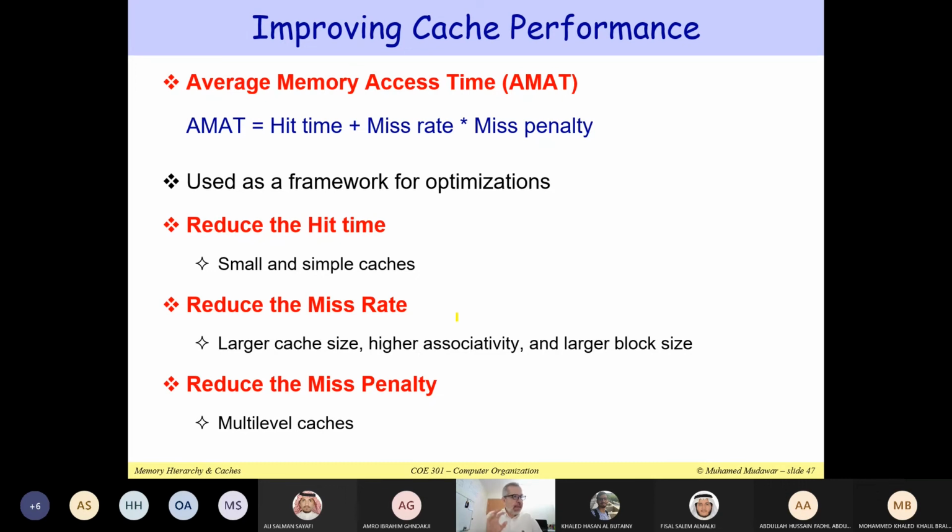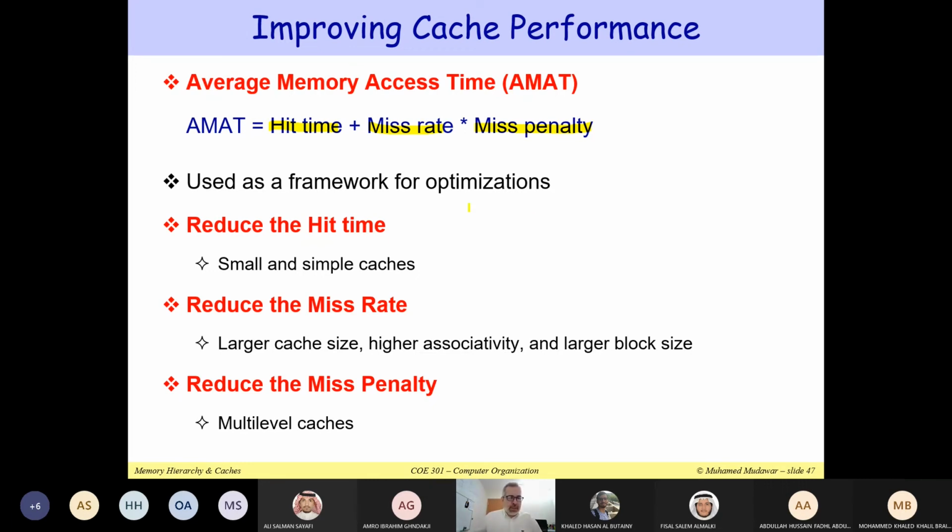People use it as a framework for making optimizations because we have 3 things. If I would like to reduce the average memory access time, I need to reduce the hit time. I need to reduce the miss rate. I need to reduce the miss penalty. So there are 3 things that can be done to improve the cache performance.